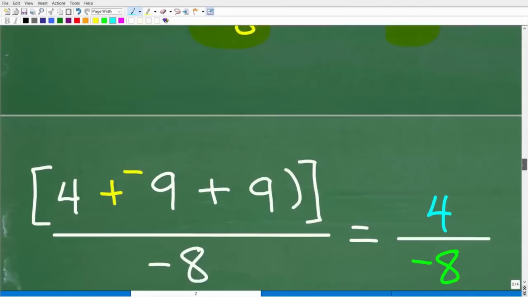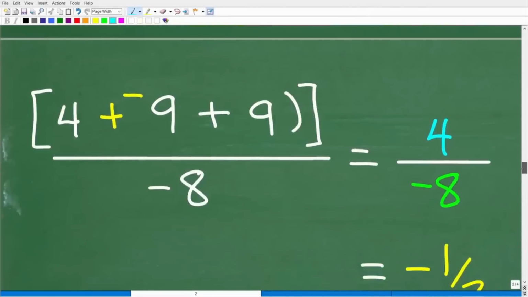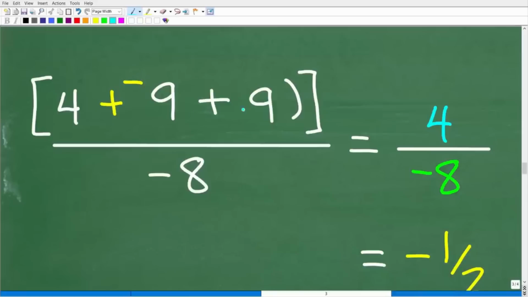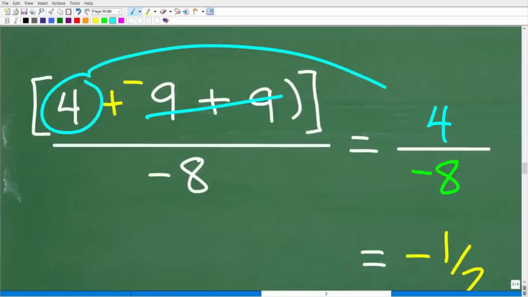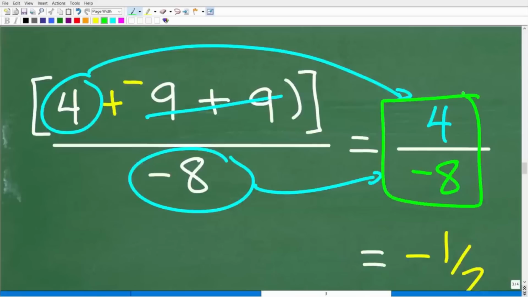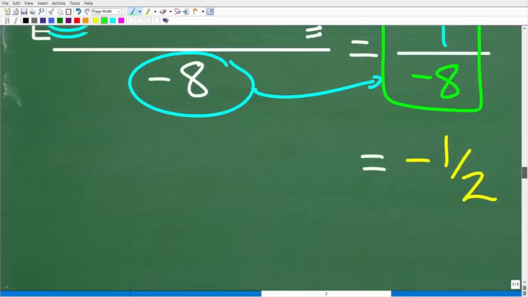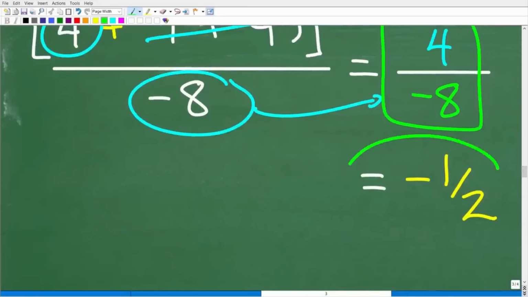Let me write it out like this: 4 plus negative 9 plus 9. This is 0. So we end up with just 4 in our numerator over negative 8 in our denominator, but we don't want to leave our answers like this. We want to fully simplify, so this is a negative fraction. 4/8 is the same thing as 1/2, but this is negative, so the final answer is negative 1/2.